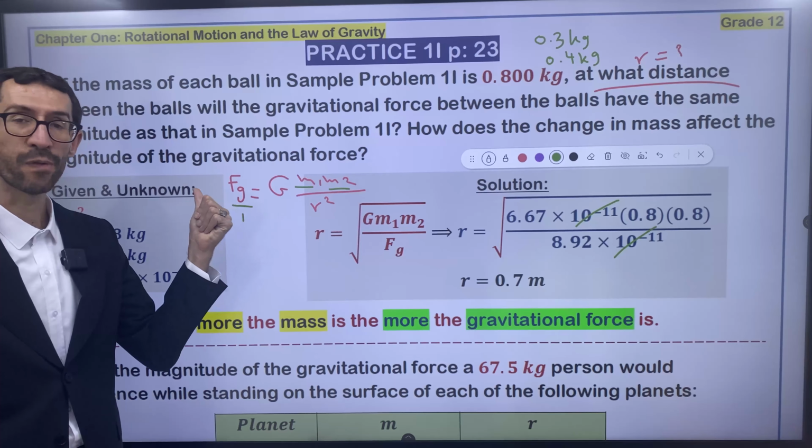Let's move on to question number 2 for this practice. Find the magnitude of the gravitational force a 67.5 kilogram person would experience while standing on the surface of the following planets. Right? Let's discuss them together.